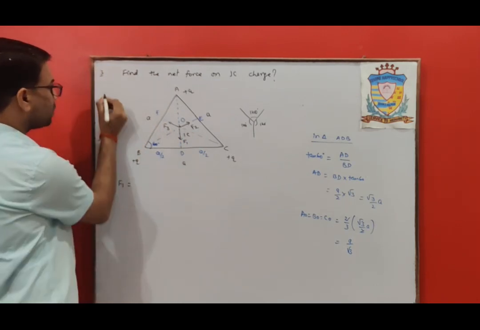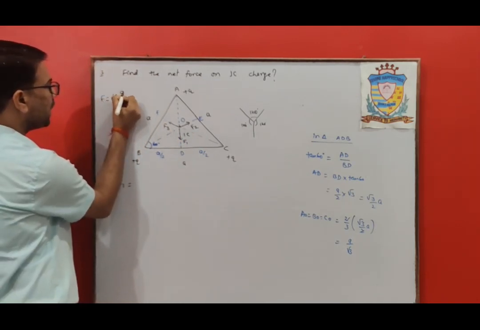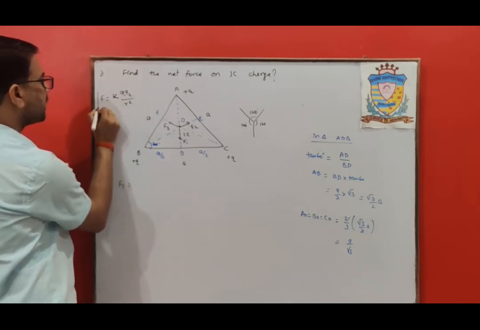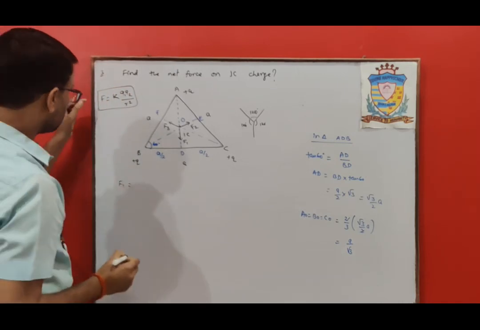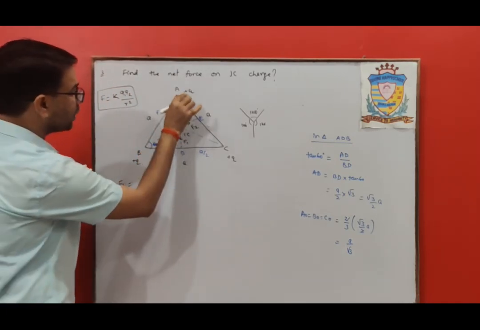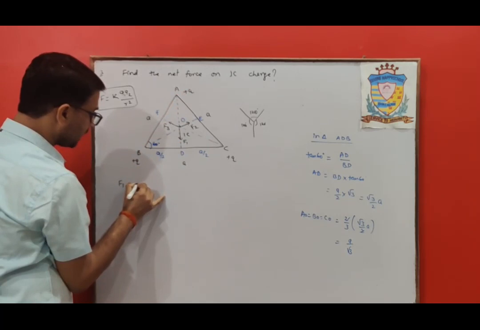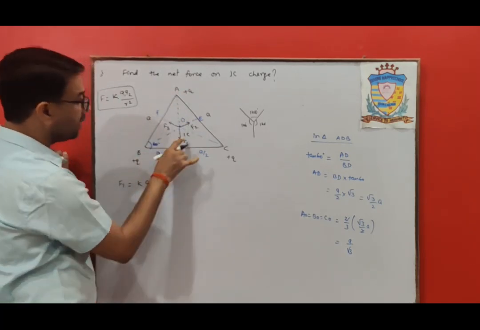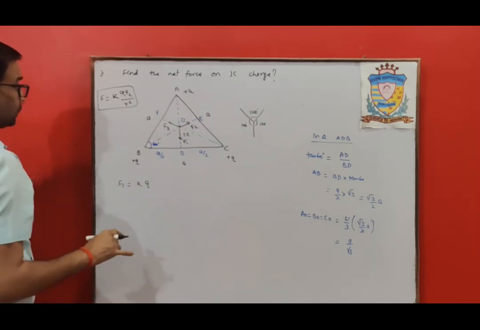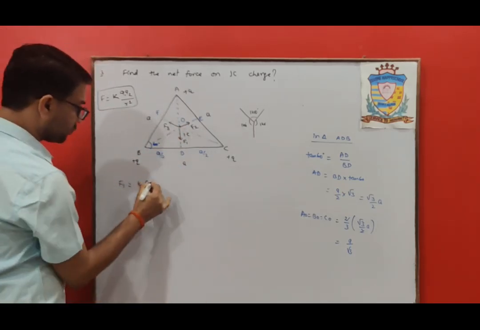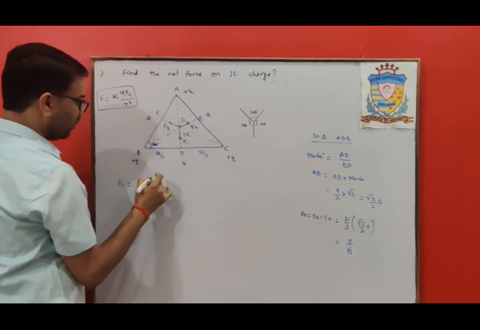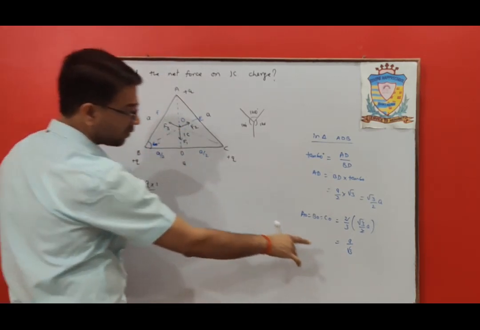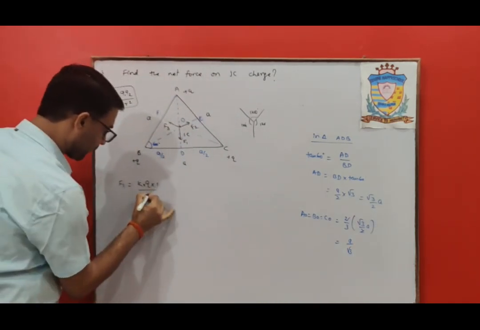So F1 is equal to, as we know, F is equal to K Q1 Q2 upon R square, from Coulomb's law. So F1 is equal to K, Q, and the other charge is 1 coulomb, so we put only 1, upon R square. The distance between them is A upon root 3.